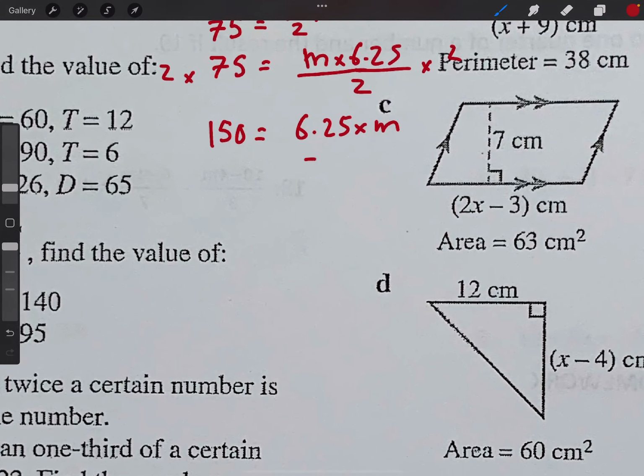Now we just divide both sides by 6.25. Just get your calculators and do that, might be a bit quicker. And you're going to get 24. So therefore m is equal to 24.